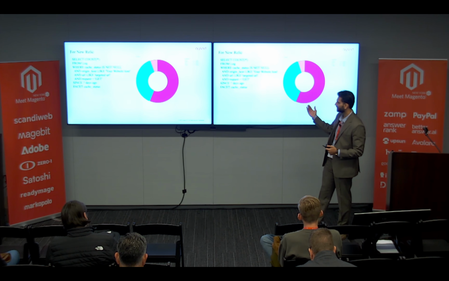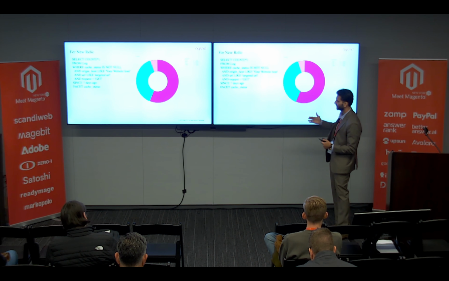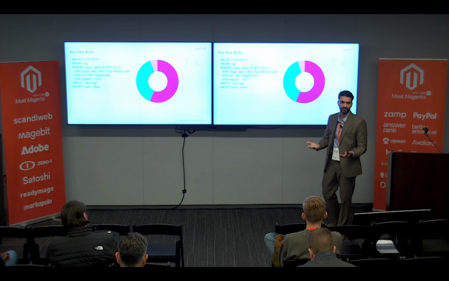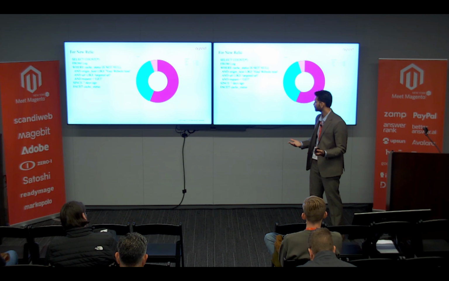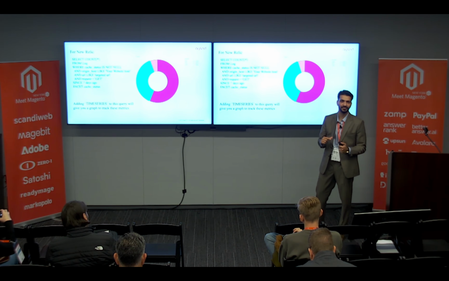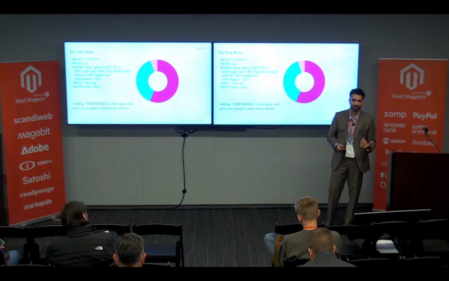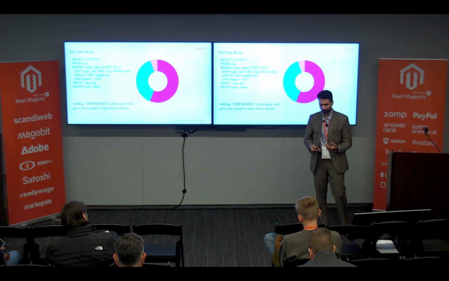This is a query that helps you see what cache misses are there versus hits, so you get an understanding of how your website is performing. And adding time series gives you a nice graph that you can see where in your last 30 days the caching was poor or it had some issues for you to investigate further.